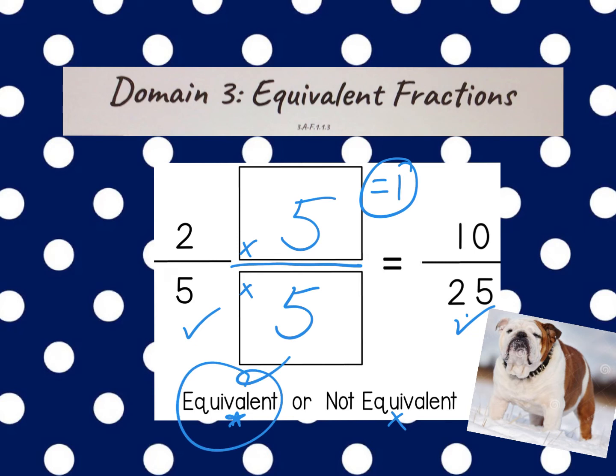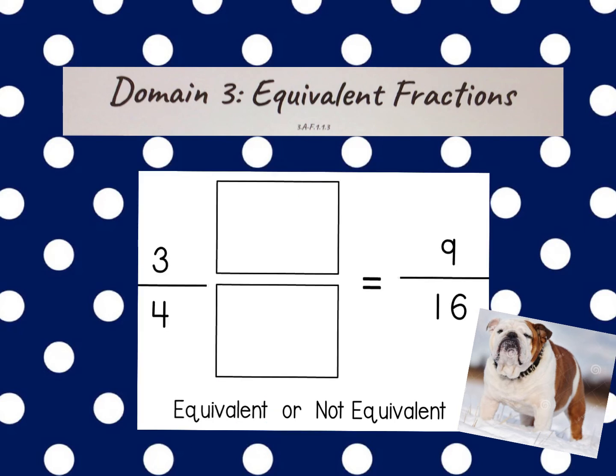So let's keep practicing a couple more. Over here we have 3/4, and we're going up to 9/16. So since we're going up, we can multiply to find out if we can multiply by a fraction with the same numerator and denominator that will equal 1 is our goal. And if it does, it will be equivalent. If it does not equal 1, it would not be equivalent, okay?